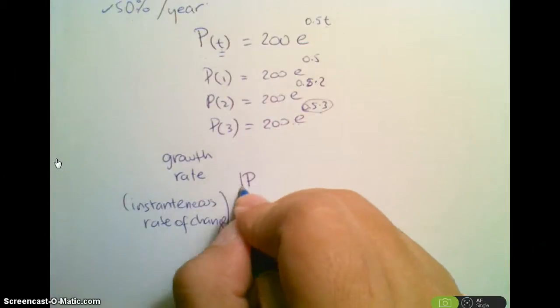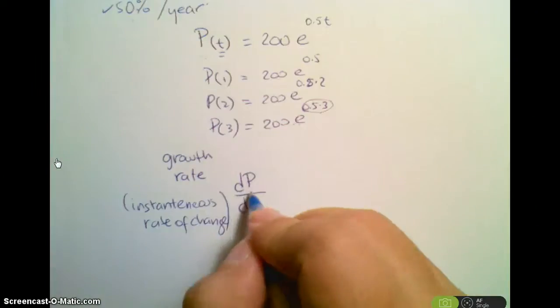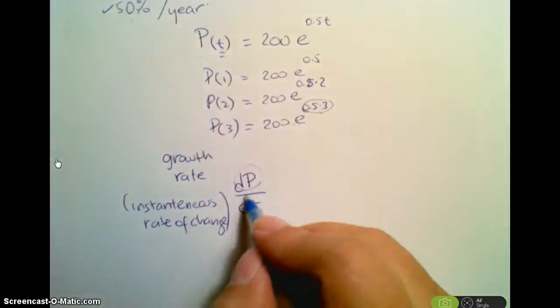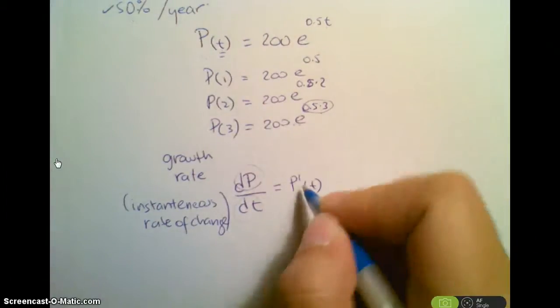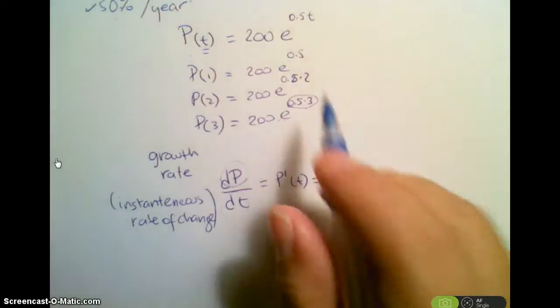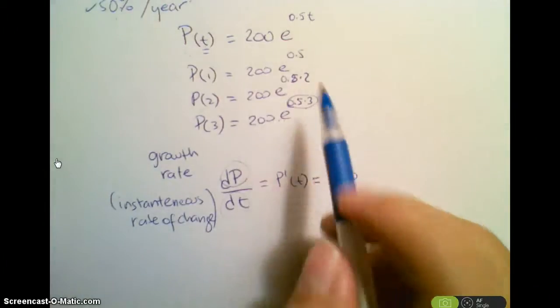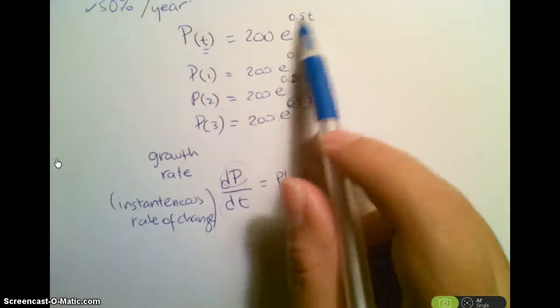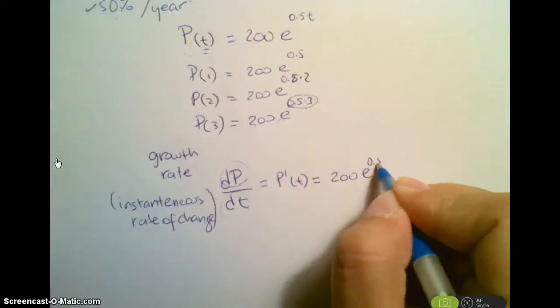So I want to know how the population changes with respect to time. So when I want to know how the population changes with respect to time, I'm taking the derivative with respect to time, which is P prime of t. And then P prime of t will make me take the derivative. 200 is a constant and it's multiplying this function, so I'm just going to take the derivative of that function, which is itself.